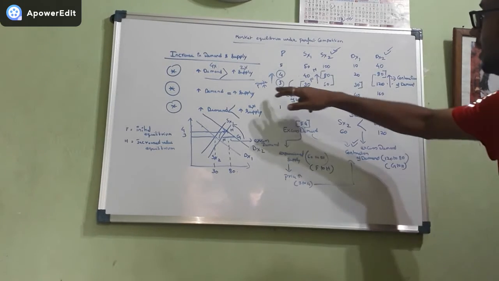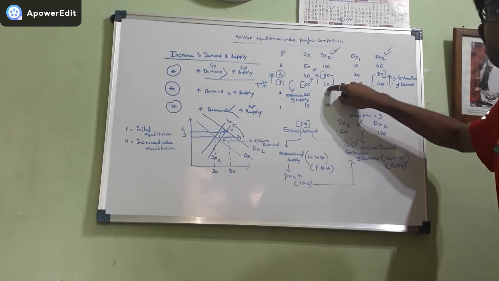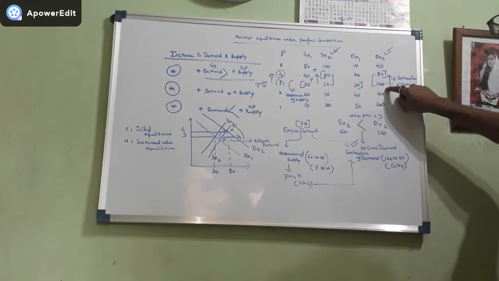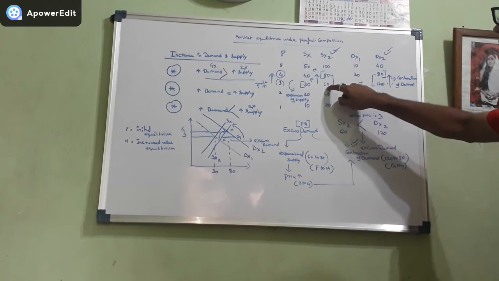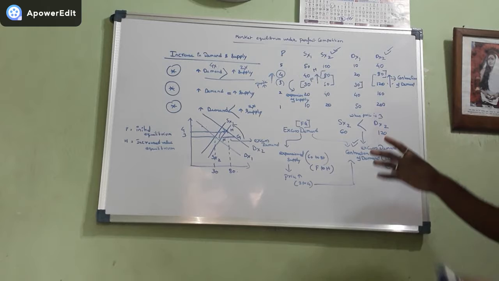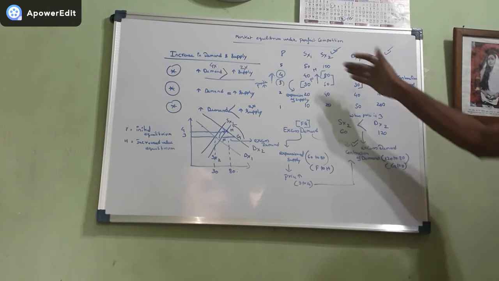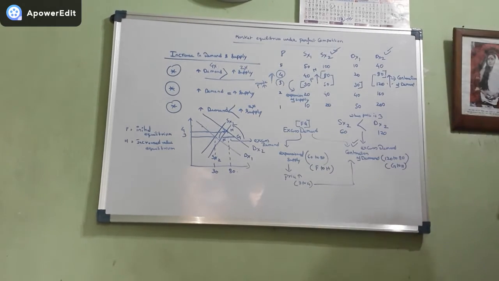Now how should we find whether it is an excess demand or excess supply? If I take price 3, what was the Sx2? 60, and Dx2? 120. Who is in excess? Demand is in excess. So we can say it is a situation of excess demand.